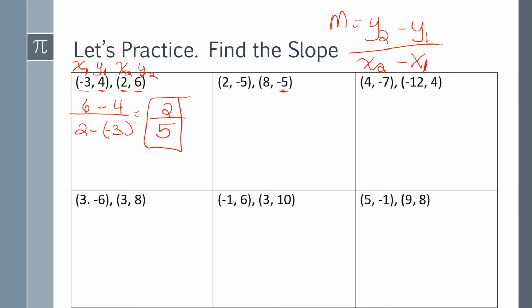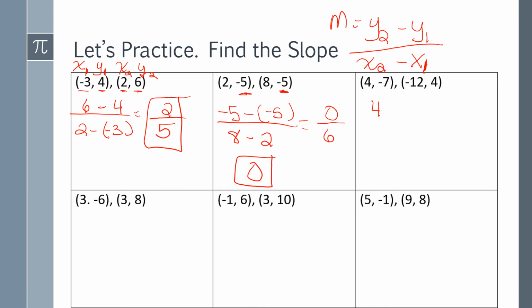This is y2, y1. So this is negative 5 minus negative 5, over 8 minus 2. Negative 5 minus negative 5 is 0 over 6. Again, if you need to use your calculator, that's fine. 0 divided by any number is simply 0. So that is 0. And then we have 4, which is y2, minus y1, which is negative 7, over negative 12 minus 4.